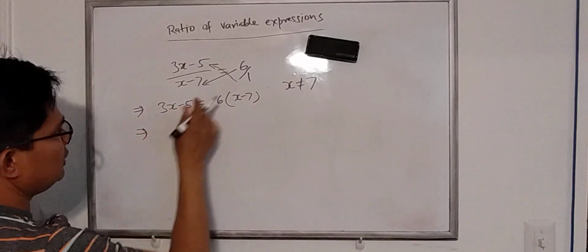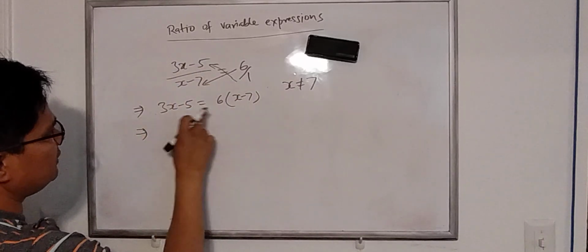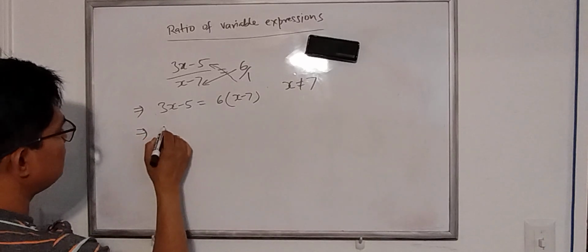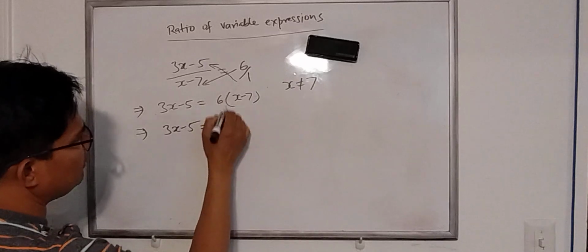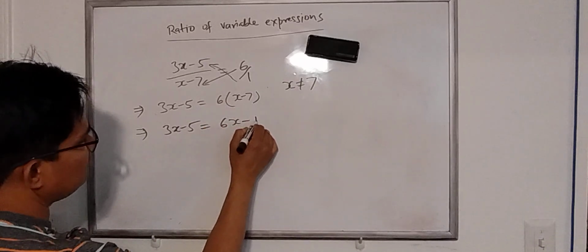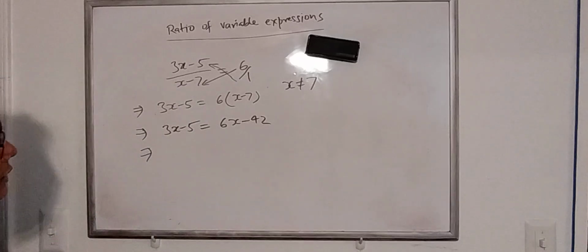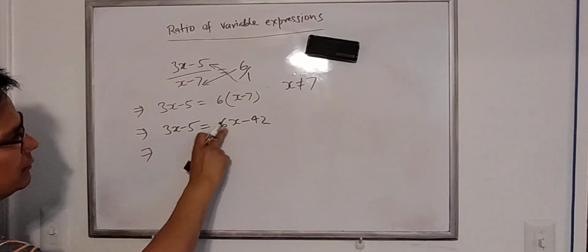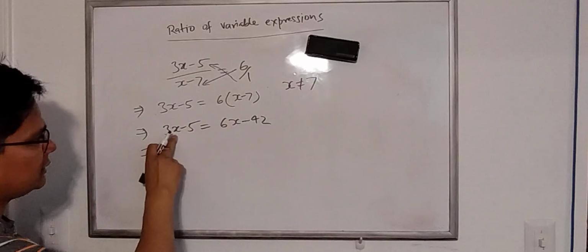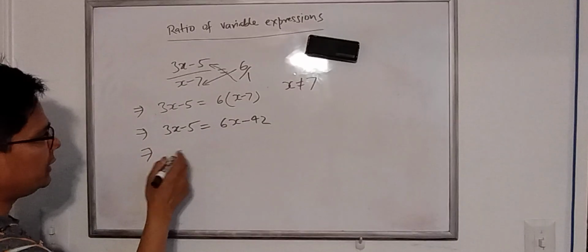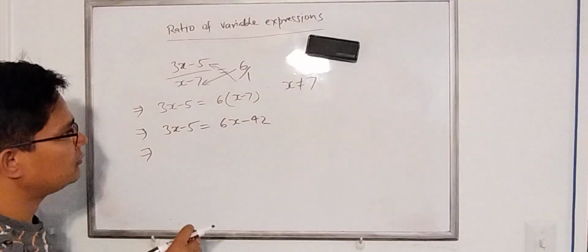Now apply the cross multiplication. You got 3x minus 5 is equal to 6x minus 7, so 3x minus 5 is equal to, multiply 6 to both, 6x minus 42. And then I'll bring all the terms comprising x to the left hand side, as we were solving earlier.